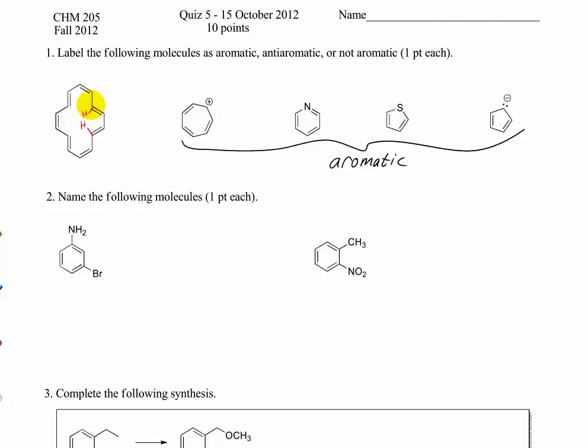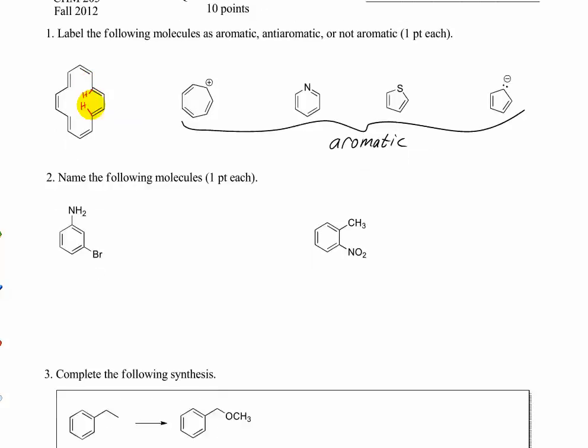Can you explain why they're aromatic? Like, I understand why. Yes. Okay, so this one, you've got 6 pi electrons, right? And you've got p orbitals on every carbon. Here, this is pyridine. It has a lone pair, but that lone pair is not in the pi system. It's out in an sp2 orbital, which I think we talked about a little bit in class.